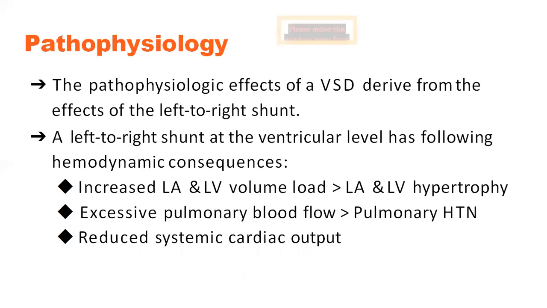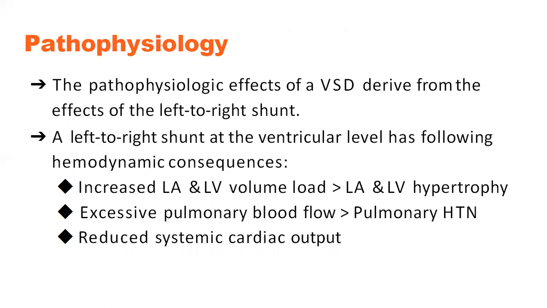Now regarding the pathophysiology, the pathophysiological effect of VSD derives from the effect of left to right shunt. First of all, the blood movement would be from the left ventricle to the right ventricle. There is increased left atrium and left ventricular volume load, which causes left atrium and left ventricular hypertrophy.